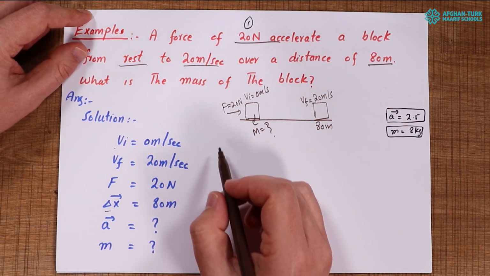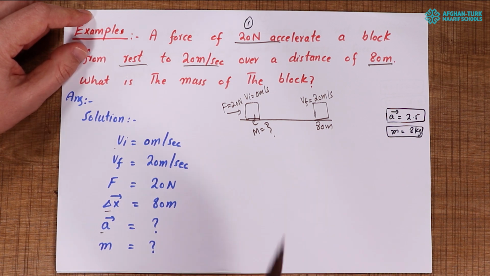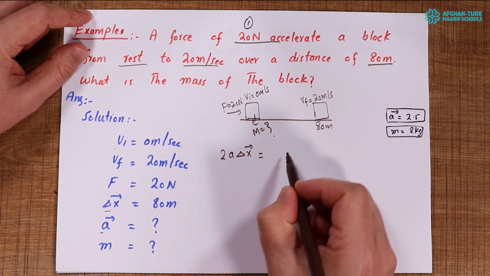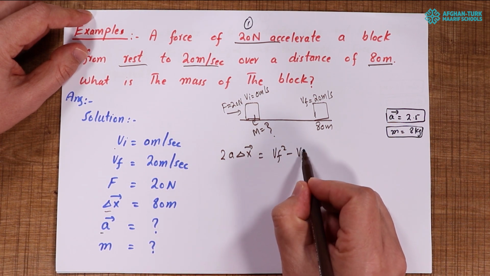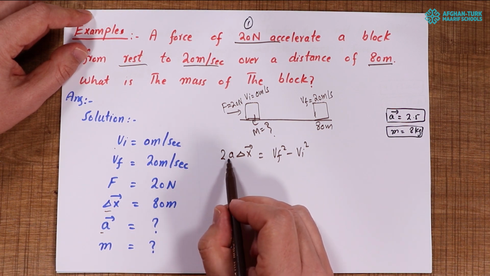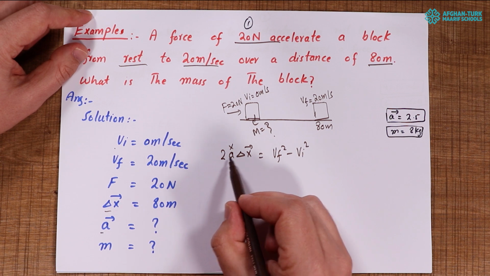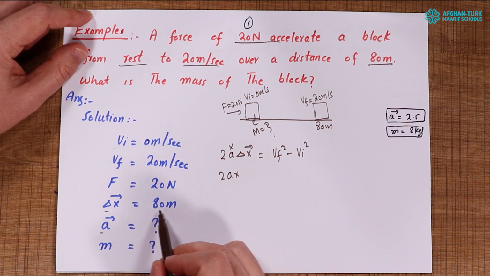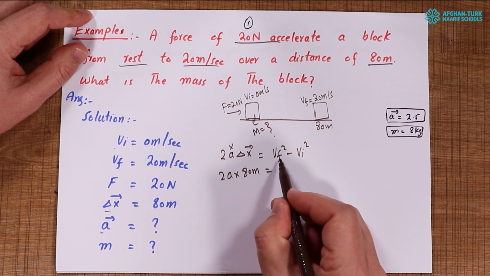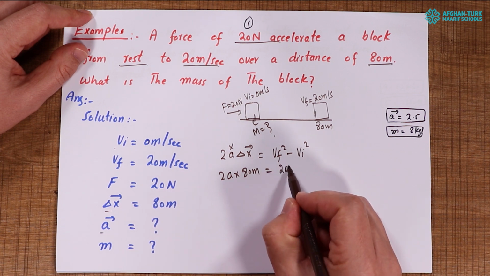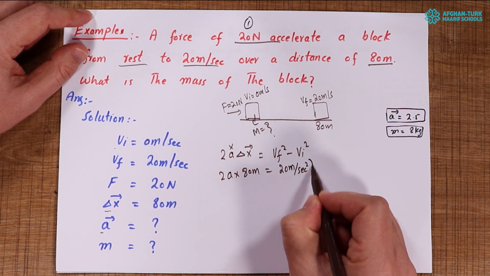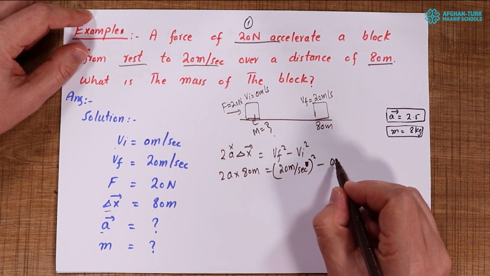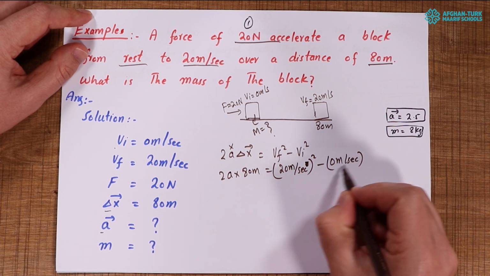So to find the acceleration, I will use the third equation of motion: 2a delta x is equal to vf square minus vi square. Here only the acceleration is unknown, but the rest of the values are known. So 2a multiplied by delta x, which is 80 meter, is equal to vf square, which is 20 meter per second whole square, minus vi, which is 0 meter per second whole square.